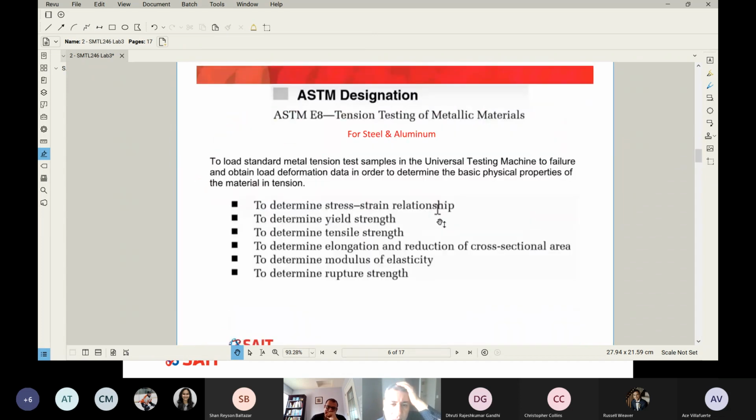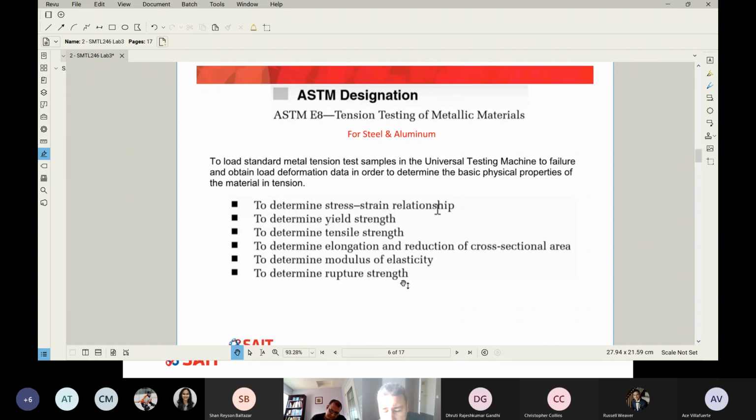Time now to start our test. So our test, we do it according to something called ASTM. Some of you may know what ASTM means. ASTM stands for American Standards for Testing Material, which is a really comprehensive standard for testing all the materials you may think of: steel, aluminum, copper, plastic, and other materials.